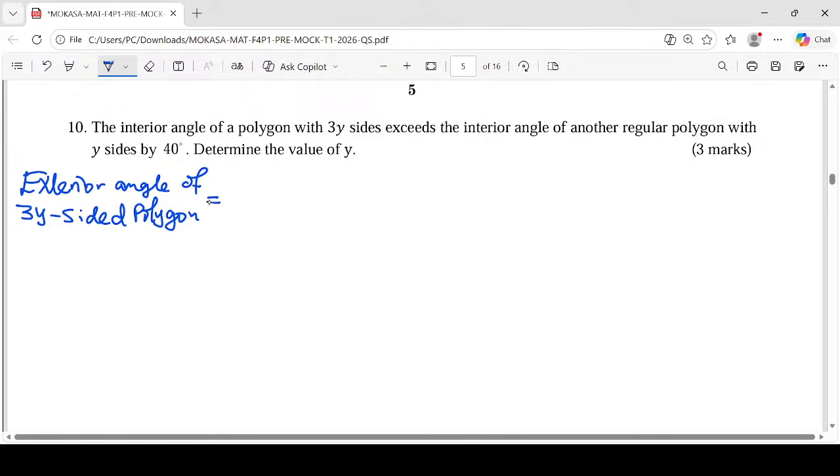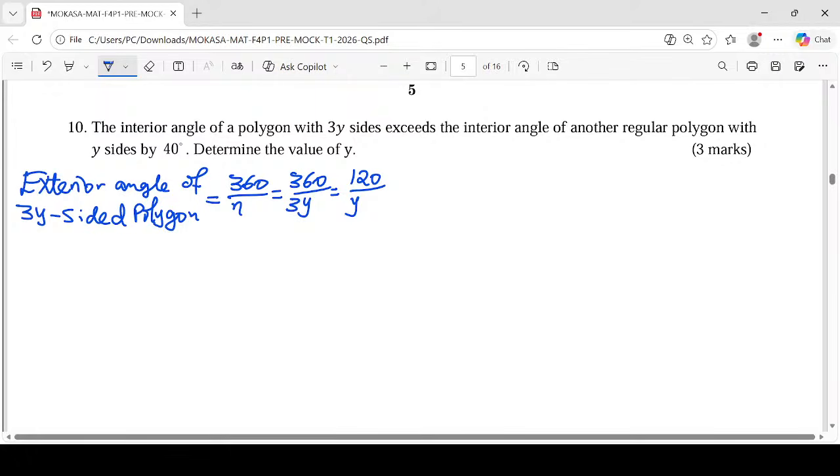How do you get the exterior angle? It is 360 over n, the number of sides, which in this case is 360 over 3y, which can be simplified to 120 over y. That is the exterior angle of the regular polygon.